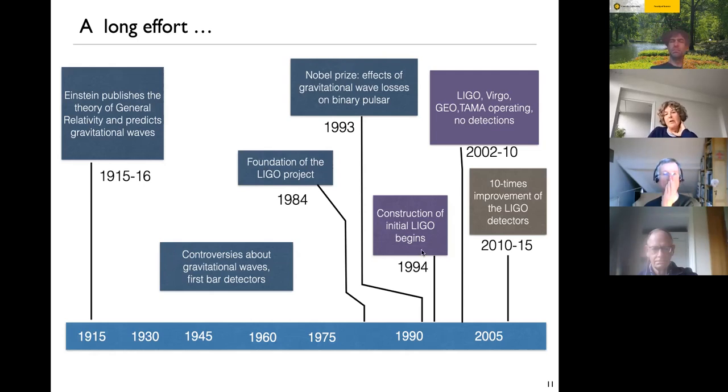And people had thought very much about how to best look for these gravitational waves. So the construction began, and it was always the idea that there would be an initial incarnation of the detectors to demonstrate that they can actually achieve such a high sensitivity to detect gravitational waves.